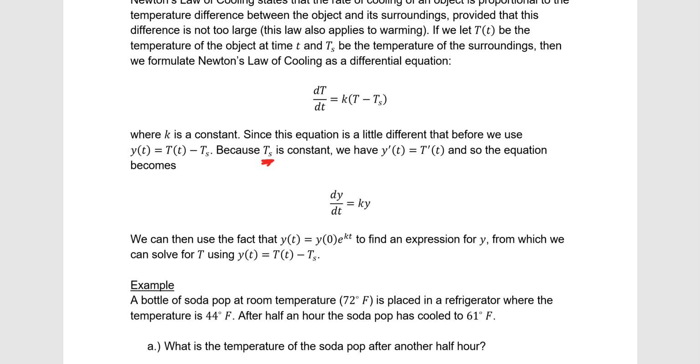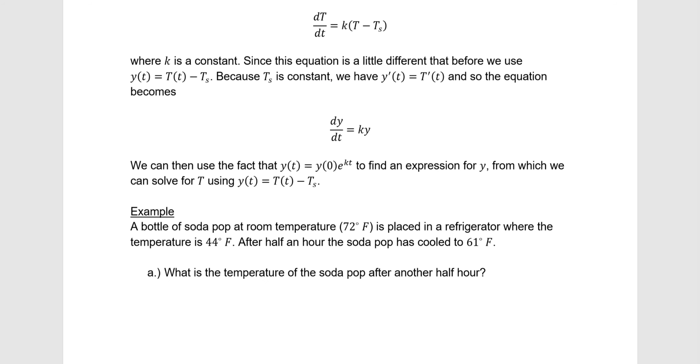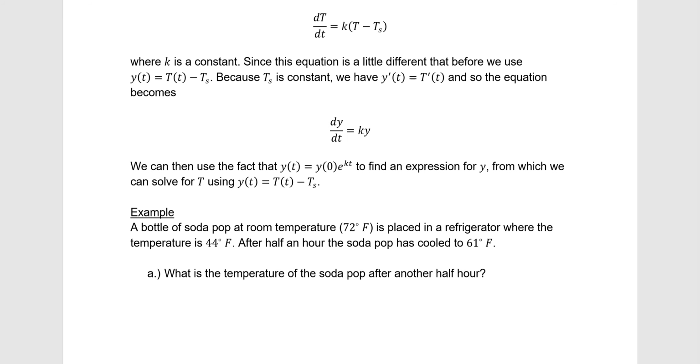Okay, so that's some variable change and rewriting, and we know that this differential equation has these solutions. Once we solve this, we're going to have it in terms of y, but then we can go back and solve for T using the fact that we let y equal T minus T sub s. Okay, so hopefully not too confusing.